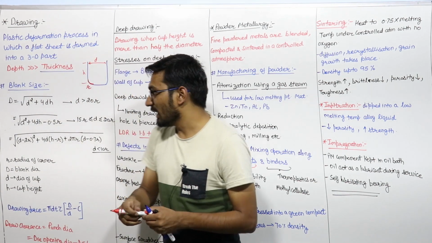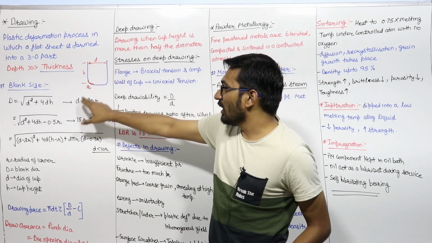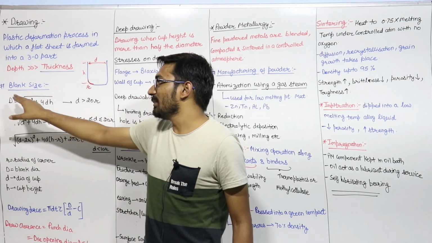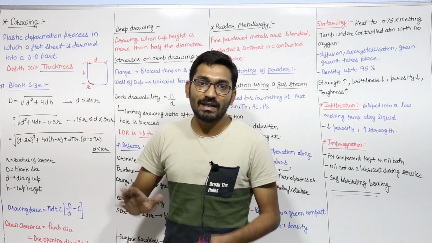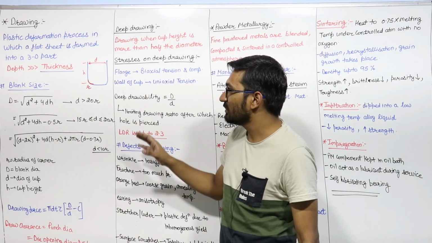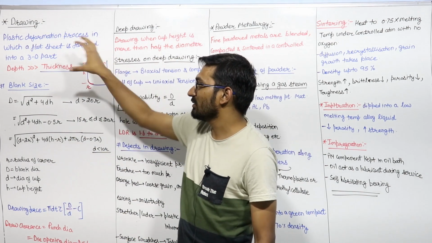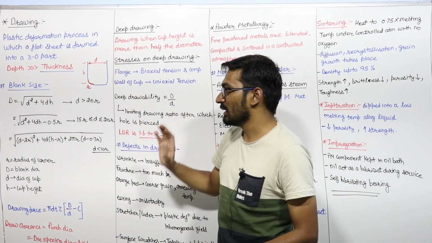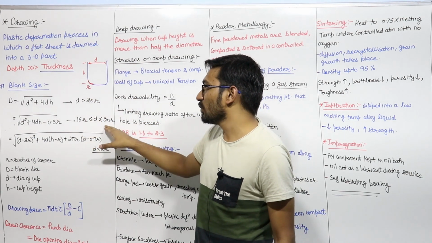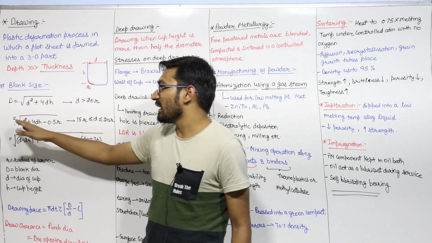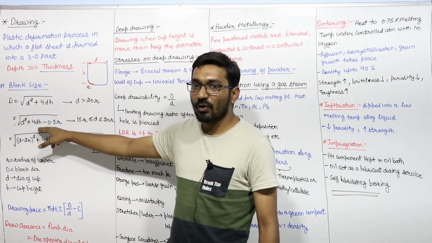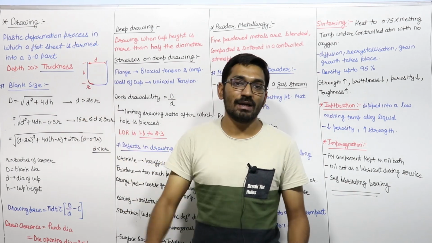If small d is greater than 20r, then the blank diameter will be equal to under root of d square plus 4 d h. This is the blank size, the initial size of the workpiece or the sheet. If d is between 15r to 20r, then the blank size is equal to under root of d square plus 4dh minus 0.5r.